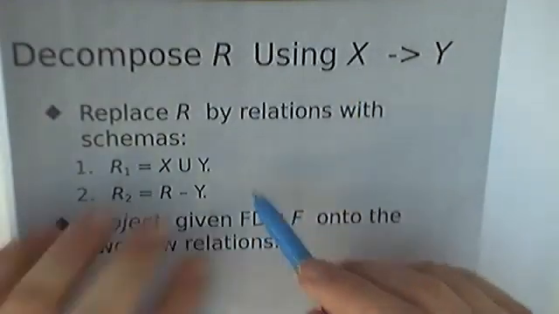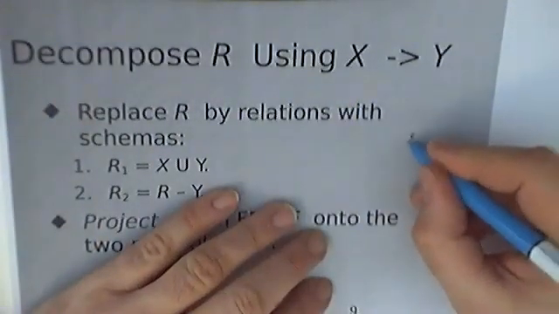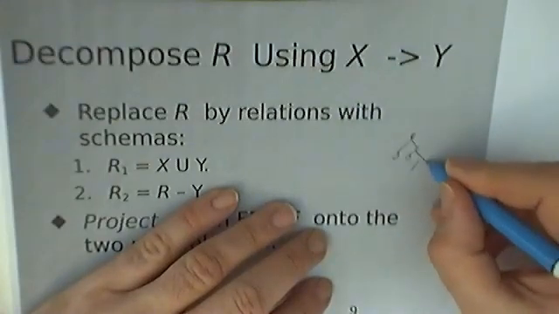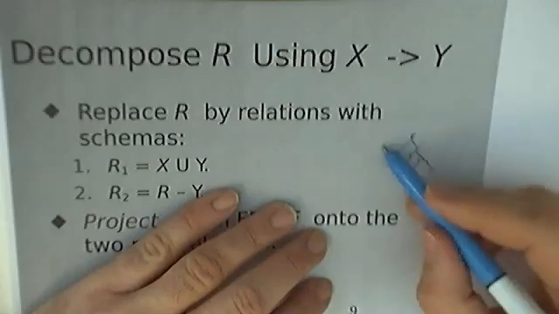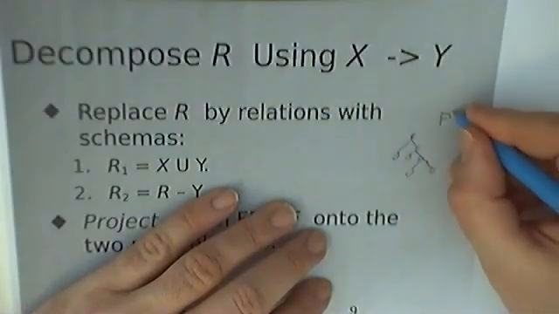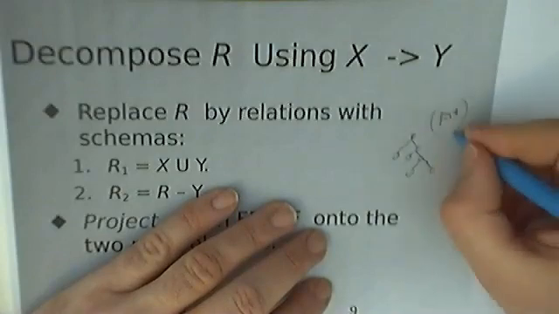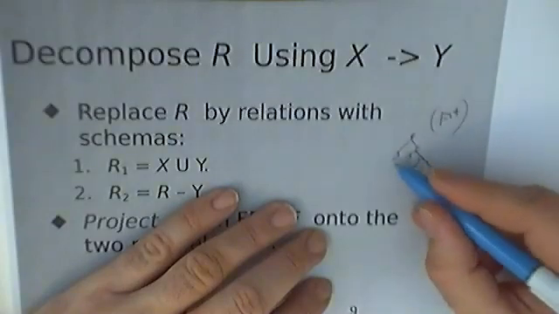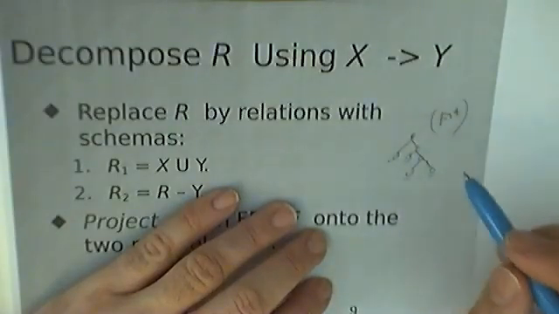Okay, so you do these splittings. You start out with something, and then you just do the splits. At every point in the split, you take your original F, you do a closure over it, and you determine what of that projects over any of these subrelations. That's how you determine the superkeys.